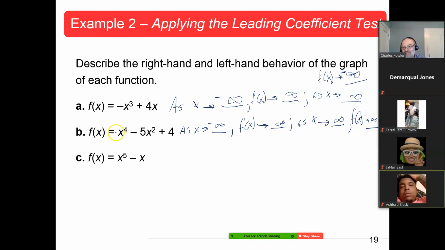When you don't negate that, it stays positive. So this f is positive, that f is positive. Done. You are finished. Any questions on that?